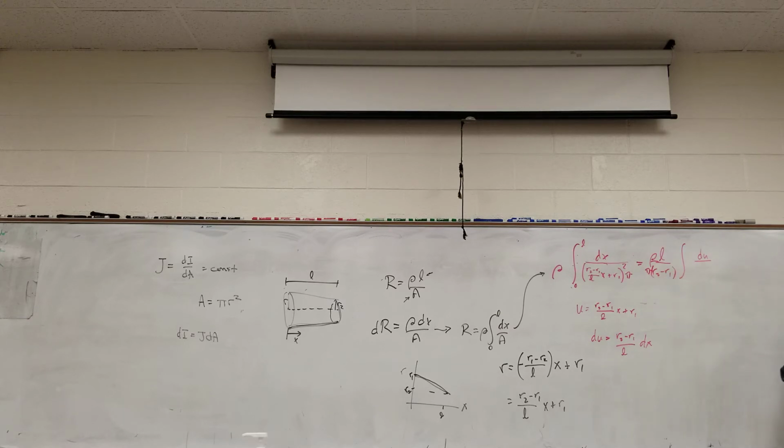Times integral of du over u squared. If we plug in 0, we get R1; we plug in L, and we get R2, since I changed from the differential to u. So we have rho L over pi, R2 minus R1, times negative 1 over u from R1 to R2.